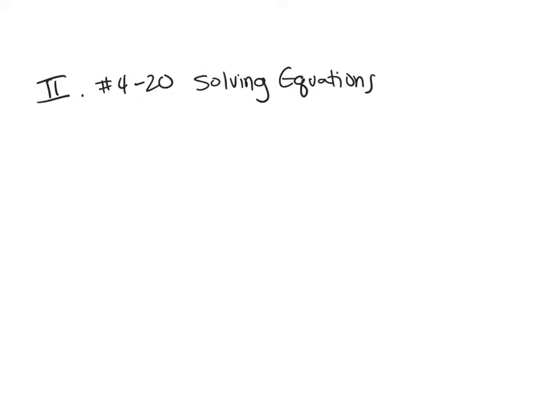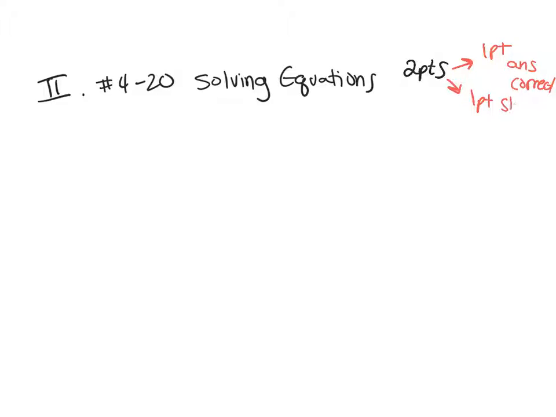Part 2 is going to be all of numbers 4 through 20, which are solving equations. These are the ones that are going to be worth 2 points. And as you can imagine, 1 point is that the answer is correct, and the other point is that you showed your work.